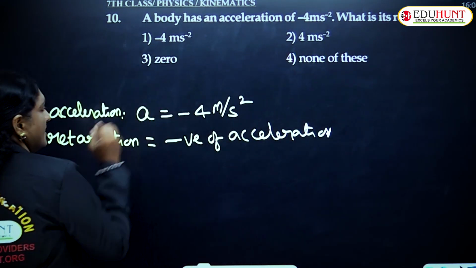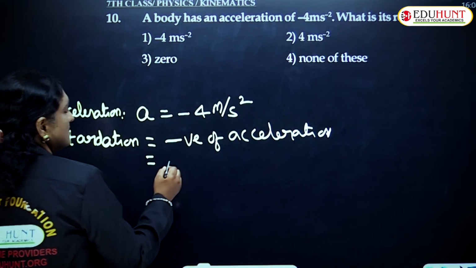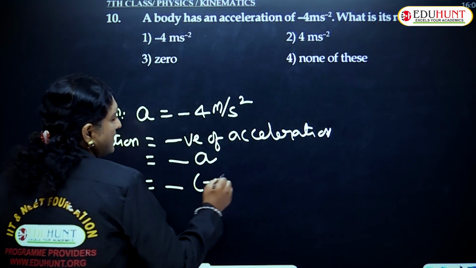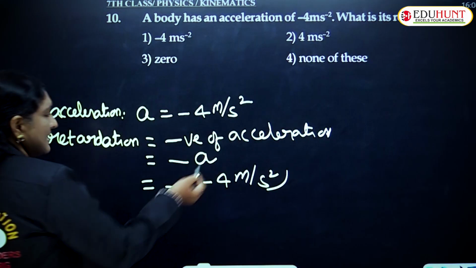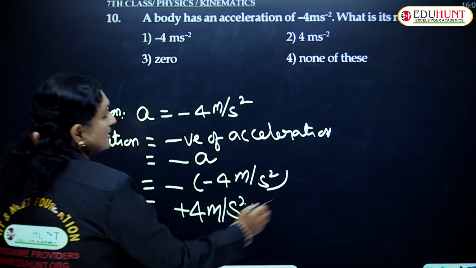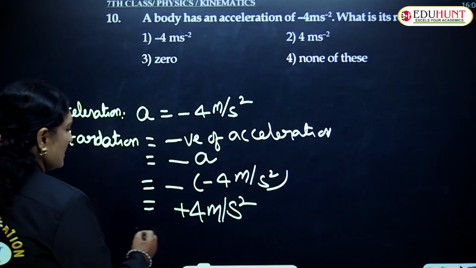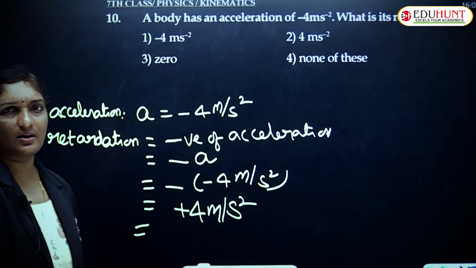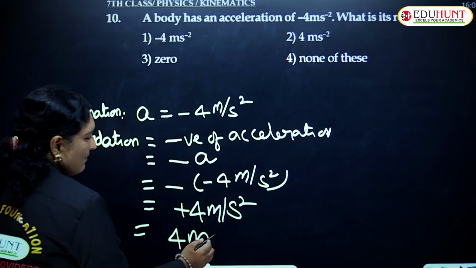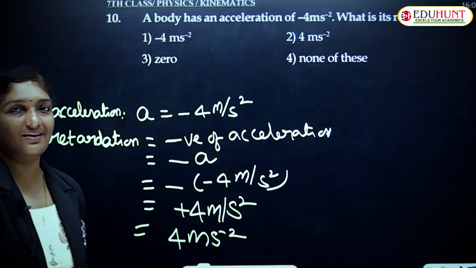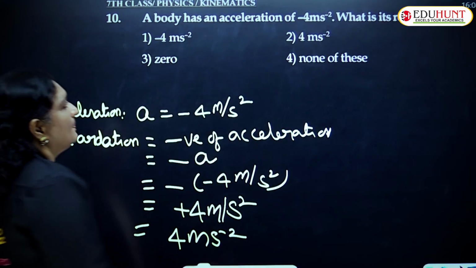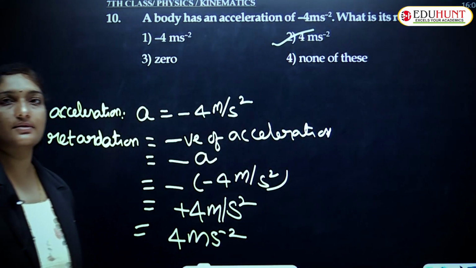If acceleration is indicated as A, then retardation is minus A. A was given as minus 4 meter per second square, so minus A is minus of minus 4 meter per second square, which is 4 meter per second square. It can also be written as 4 m s inverse 2. So the second option is the correct answer.